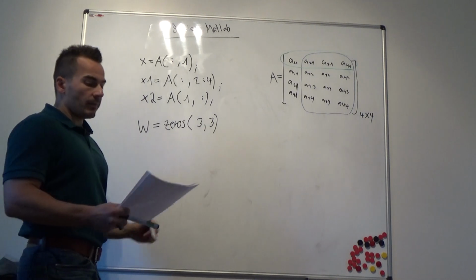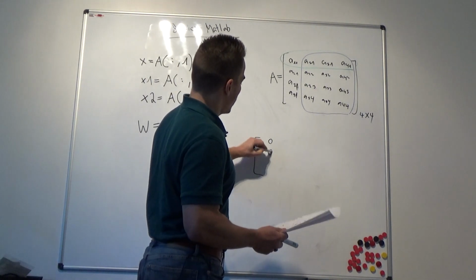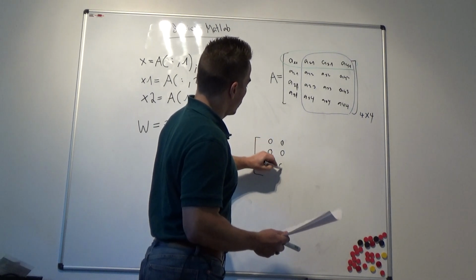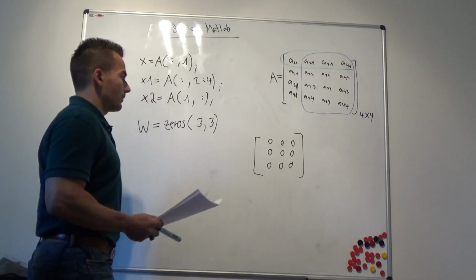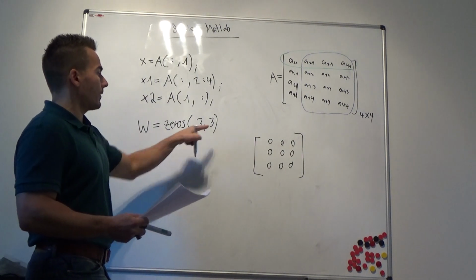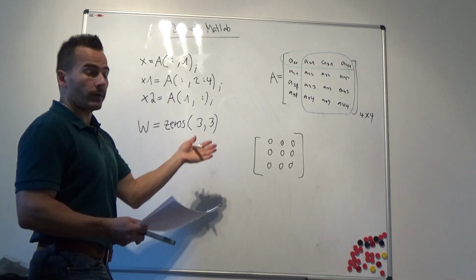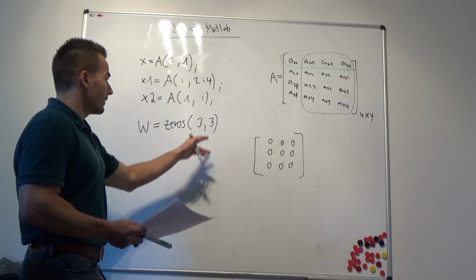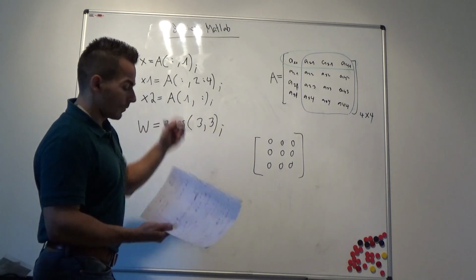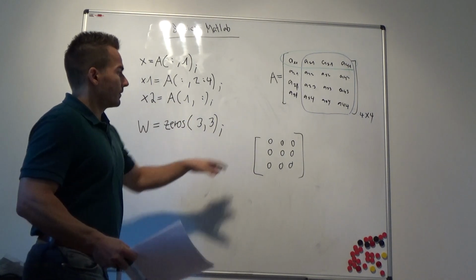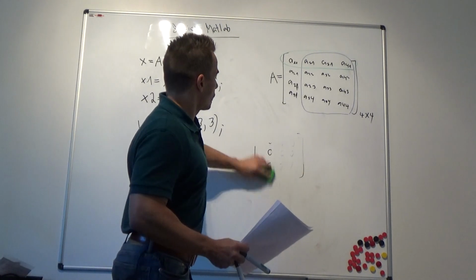If we push the enter button, MATLAB will spit out a matrix consisting of zeros. It has dimension 3 by 3, three rows and three columns, because we always start with the row index and then the column index. If you don't want that and just want to store this matrix of zero entries, we just write a semicolon again, and it is stored in the system.